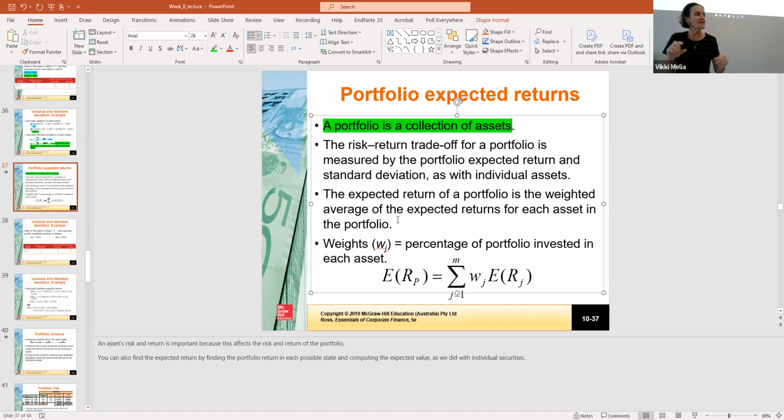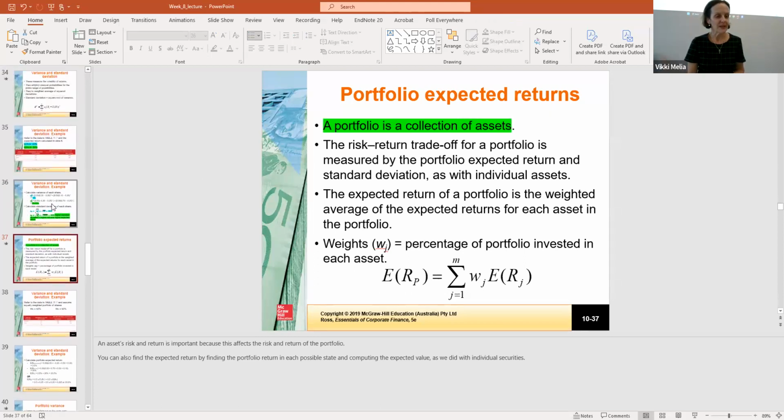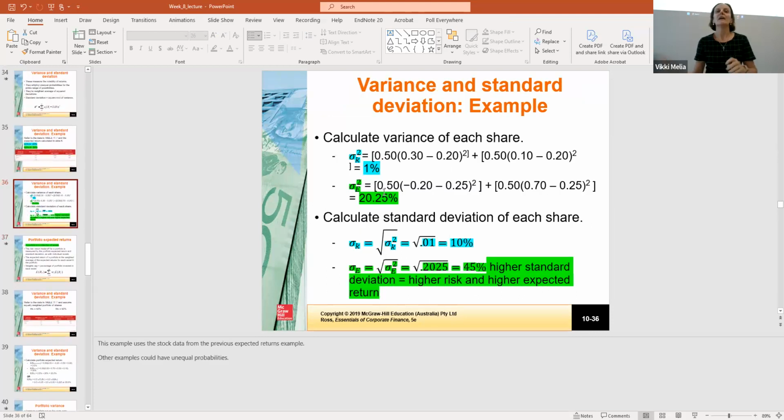We can calculate it for a single asset, and we can calculate it for a portfolio of assets. In this previous example, if it makes more sense, just focus on one.